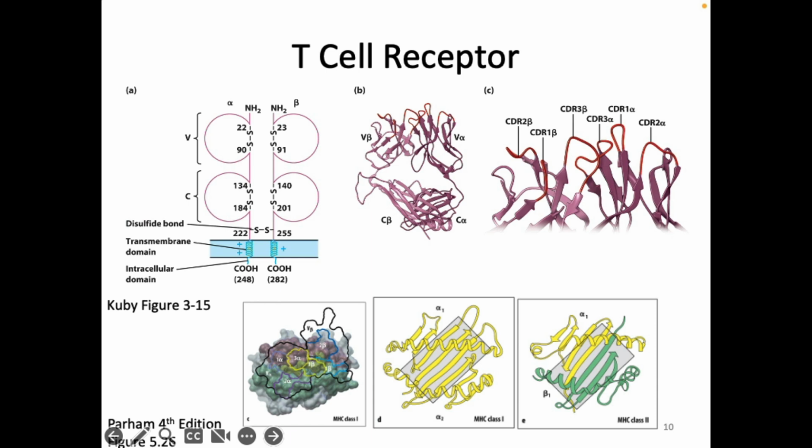Here the green and red are two different parts of our MHC molecule. Yellow is the peptide, and you're seeing where the CDRs are binding. Notice that the CDRs make interactions with both the MHC molecule and the peptide. We even know that the T cell receptor has a specific angle at which it likes to interact with the MHC molecule.